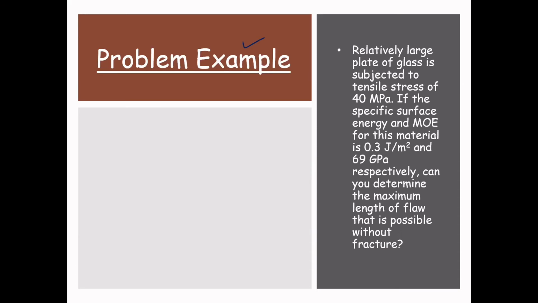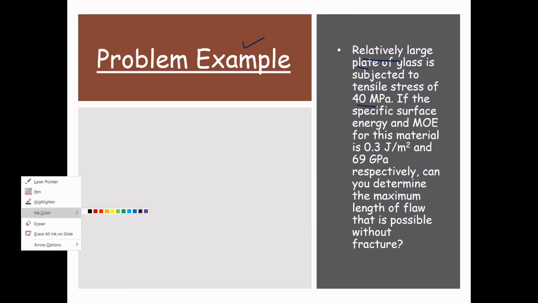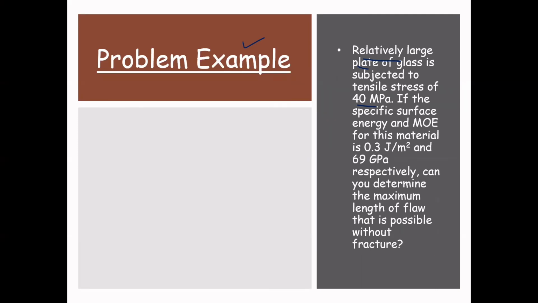And here we have a question that says a relatively large plate of glass is subjected to a tensile stress of 40 megapascal. If the specific surface energy and the modulus of elasticity for this material are 0.3 joule per meter squared and 69 gigapascal respectively, can you determine the maximum length of flaw that is possible without fracture?